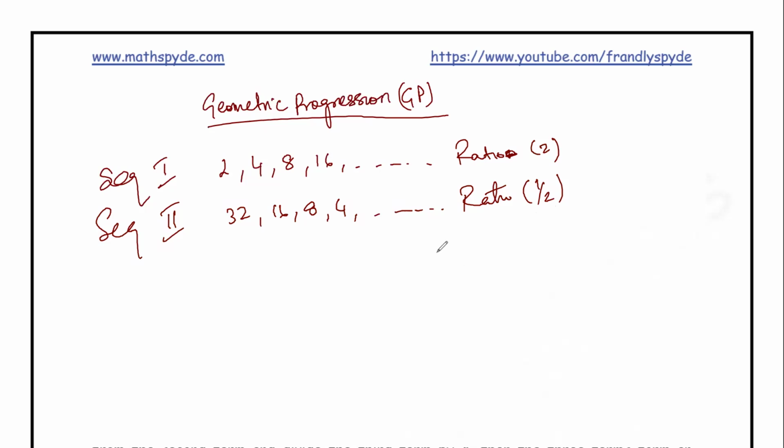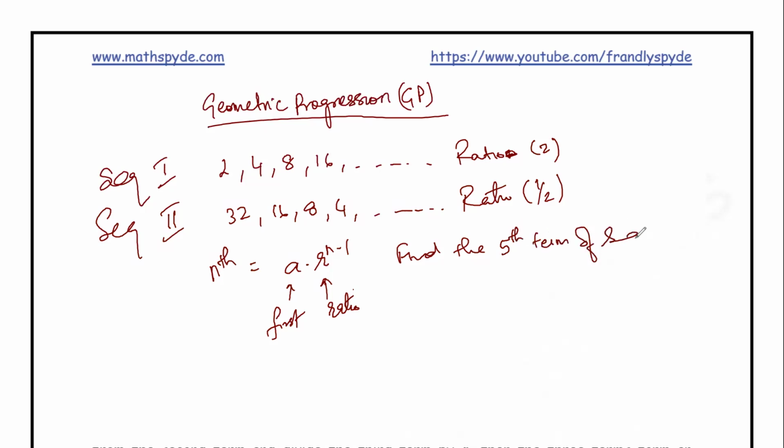Okay. So for this, the nth term formula is a into r raised to n minus 1, where a is the first term, r is the ratio, and n is the nth term. So for example, find the fifth term of sequence 1.